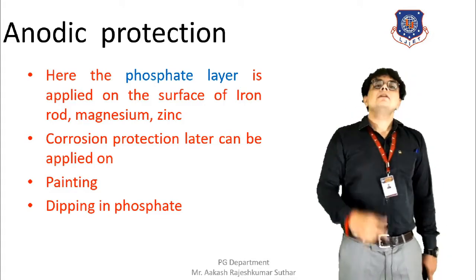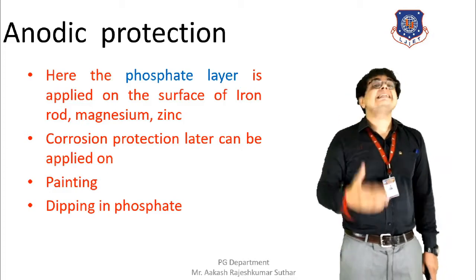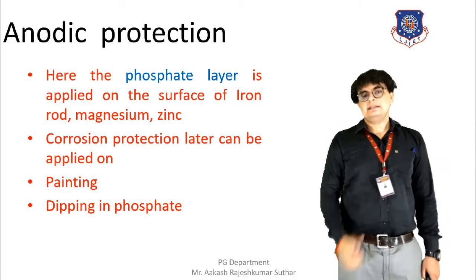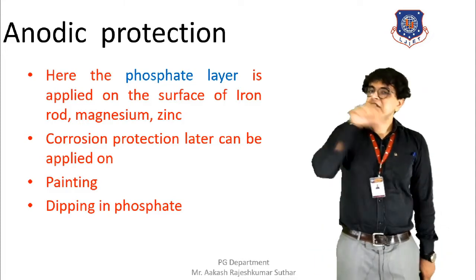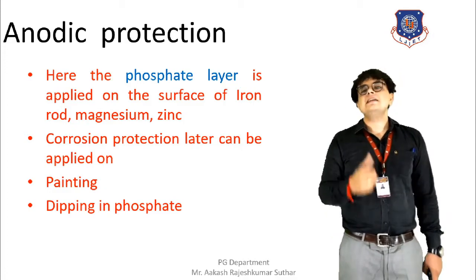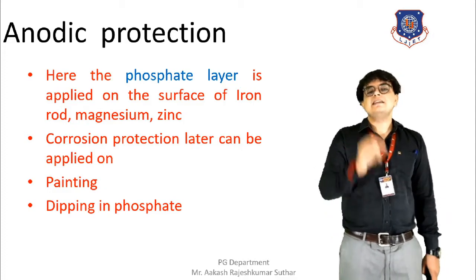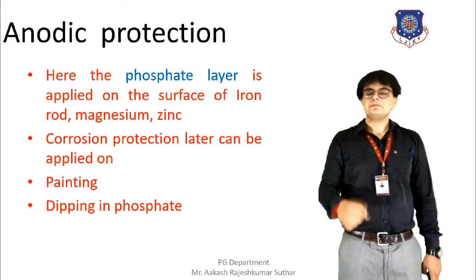How? Let's see. The phosphate layer is applied to metals like iron, magnesium and zinc, mainly by dipping or painting. A proper phosphoric acid layer is prepared and applied on the surface of the metal.